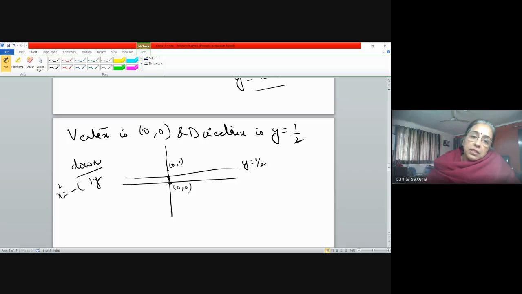Now the distance from the vertex to the directrix is same as the distance from the vertex to the focus. ये भी P है, ये भी P है, अभी हमने देखा था. This distance is half, that means your P is half.